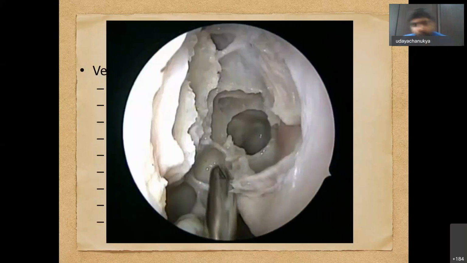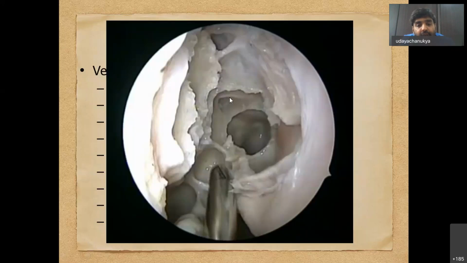We'll have a video demonstration of the same later, but see, this part is the anterior frontal recess. This is the anterior ethmoid artery. This is the posterior ethmoid artery. Anterior to the anterior ethmoid artery is the anterior fovea. Posterior to the anterior ethmoid artery and anterior to the posterior ethmoid artery is the posterior fovea.